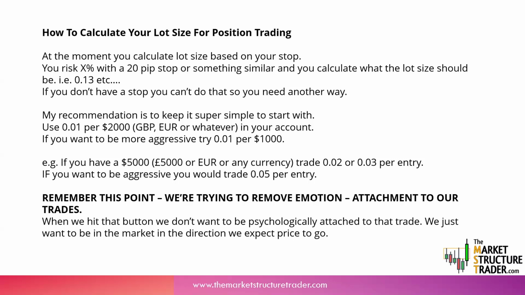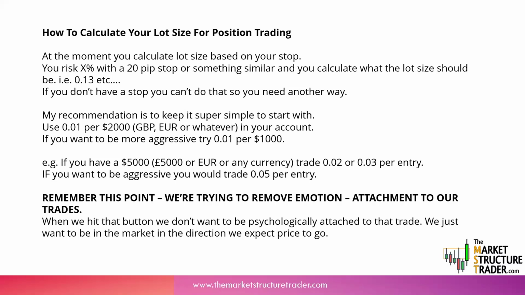The thing with position trading is you don't have a stop, so you can't do it that way. So we need another way to calculate our risk. To keep it really simple to start with, the easiest thing you can do is use 0.01 per $2,000, pounds, euros, or whatever your base currency is in your account.